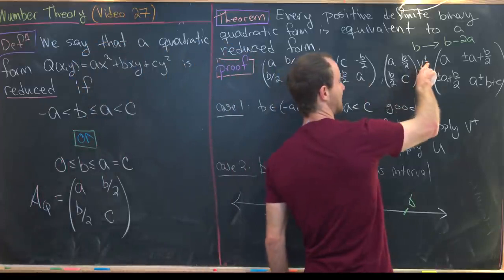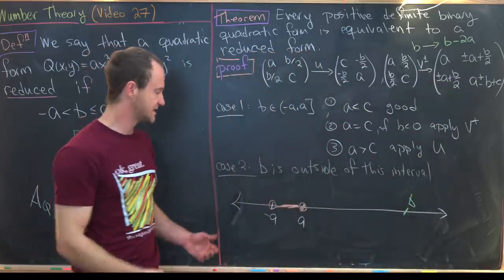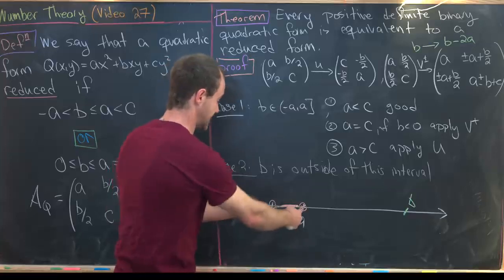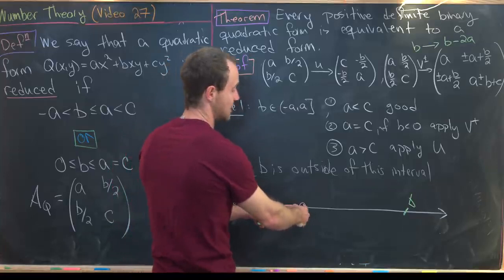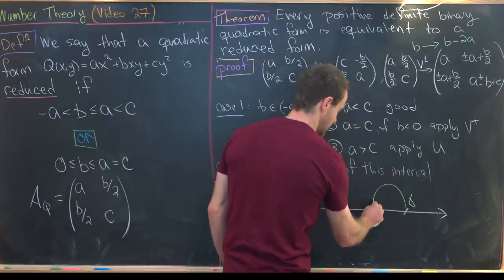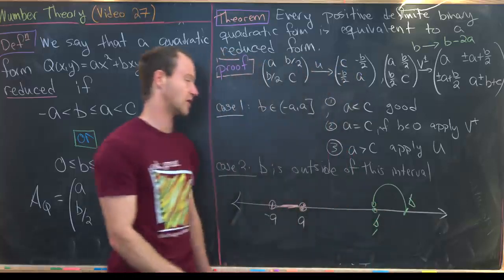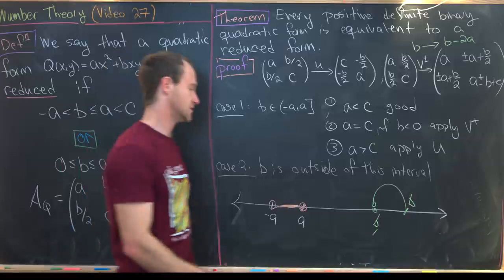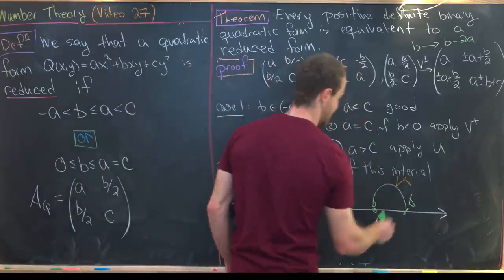Well, that's because we're applying V minus, so we get the minus sign on the A. So let's see, we need a length of 2A. So notice that this guy right here is a length of 2A. So if we apply that to B, that will hop this thing to here. So that's going to be our next value of B, which I'll call B1. So just to reiterate, this is an application of V minus.